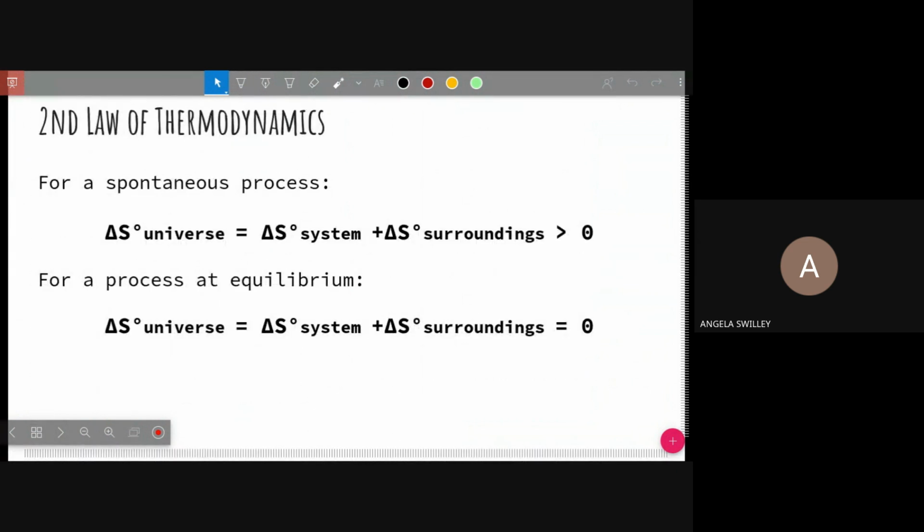So for a spontaneous process, the entropy of the system plus the entropy of the surroundings is going to be greater than 0. For a process at equilibrium, the entropy of the system plus the entropy of the surroundings is going to equal 0. So this is just showing you quantitatively how you would think about the second law of thermodynamics.